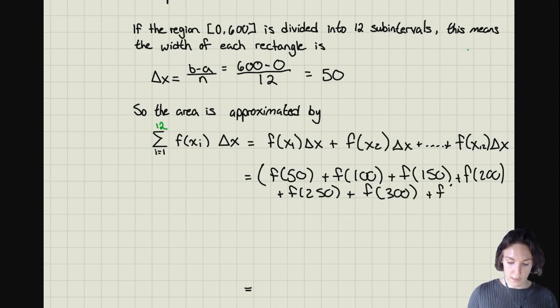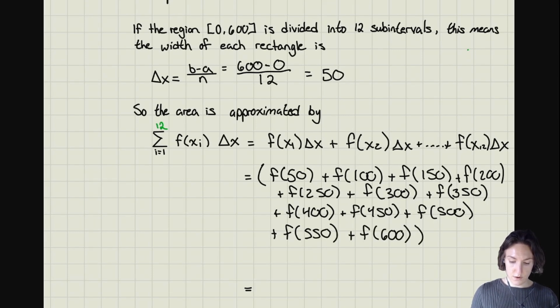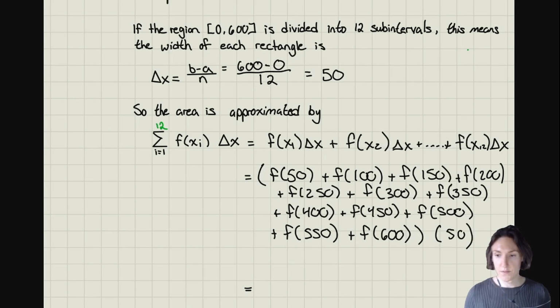And then we'll just add them all up and multiply by 50. And then we'll be good. So f at 400, f at 450, f at 500, f at 550, and then finally f at 600. And then all of that will be multiplied by 50.